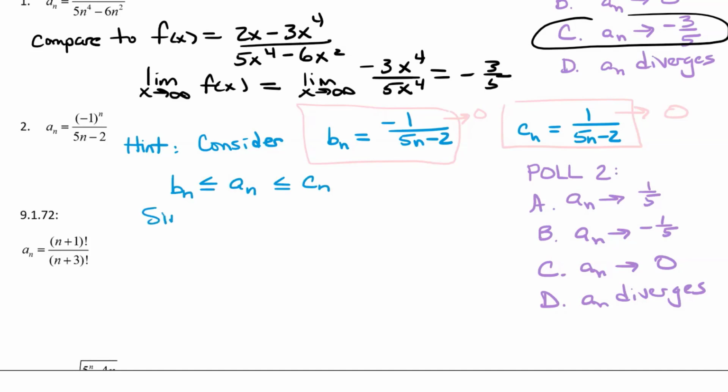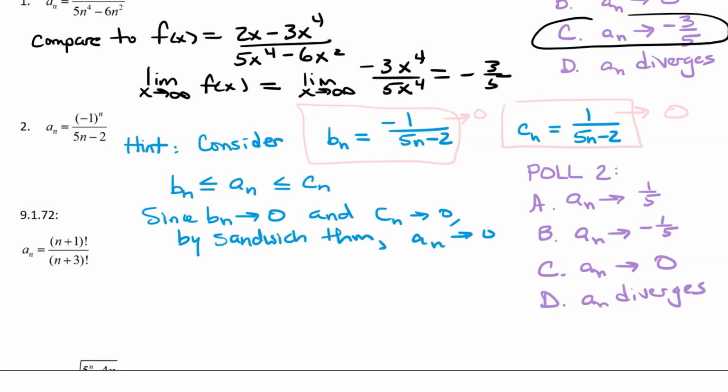So since B sub n goes to 0 and C sub n goes to 0, by the sandwich theorem, A sub n must go to 0 also. So that's why C is correct.